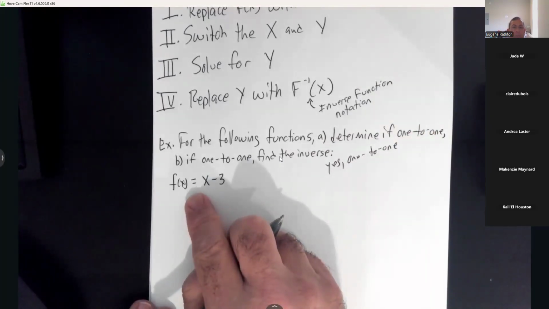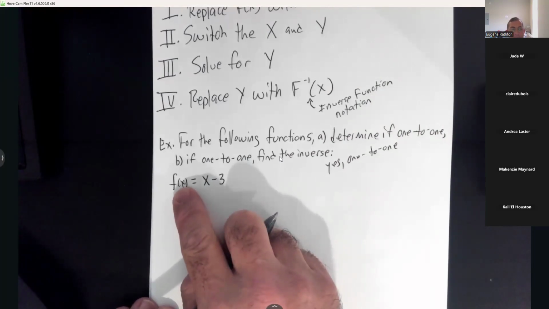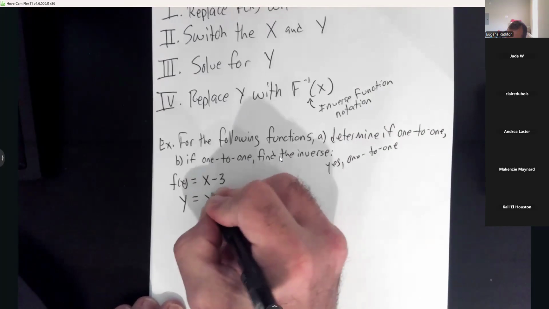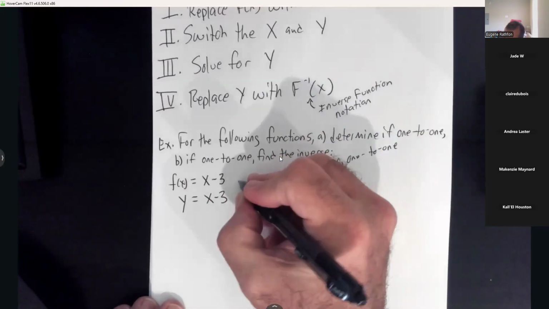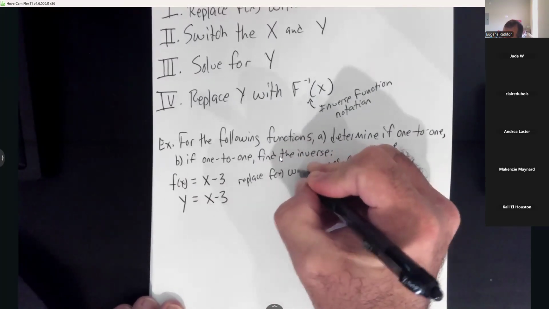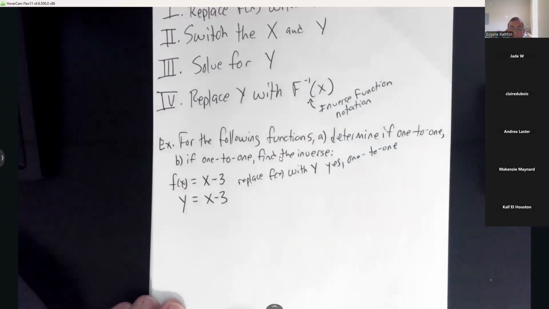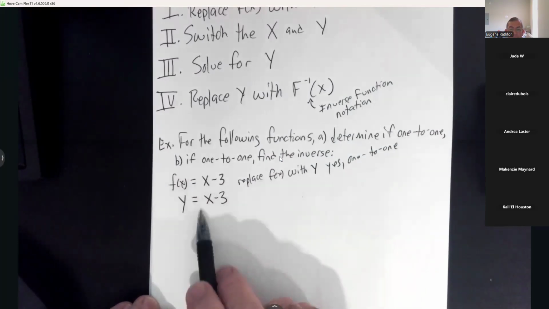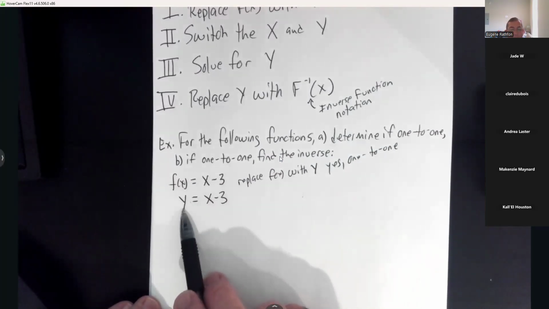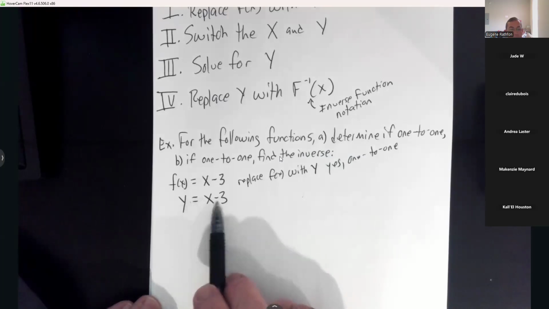So find the inverse. First thing I did, I said, replace that f of x with a y. So replace f of x with a y. Now I got to switch the x and y variables.